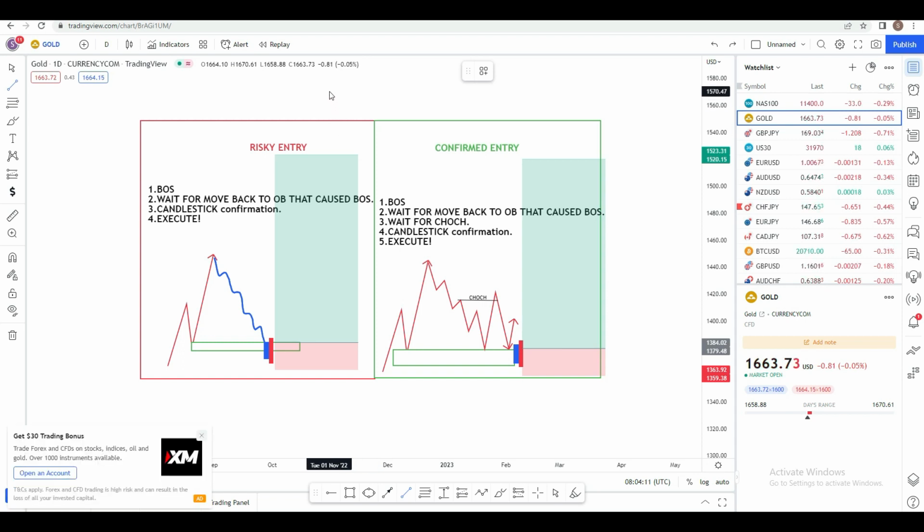That's something you actually have to accept. Before you click buy or sell, you need to understand that there is no 100%. But you always want to be on the right side if you manage your risk and have a good risk to reward ratio.